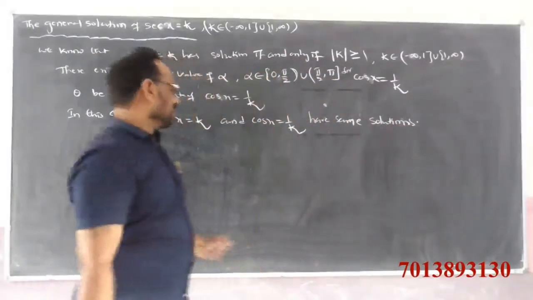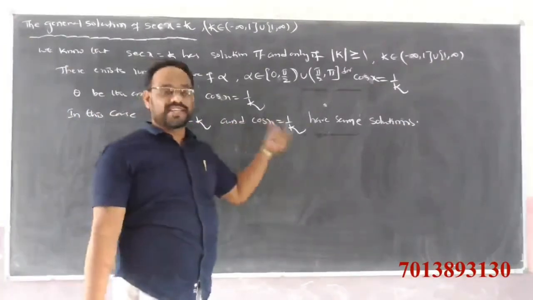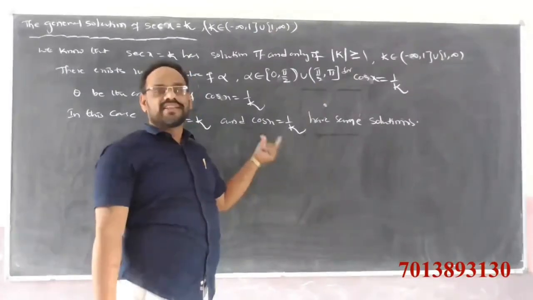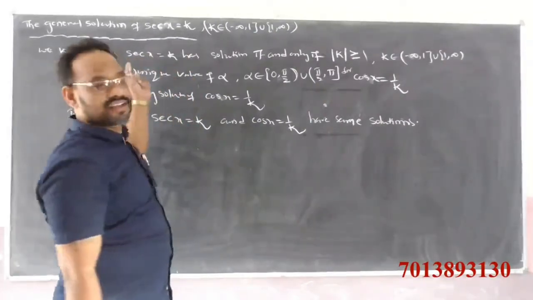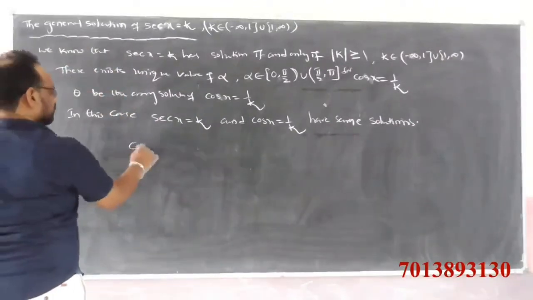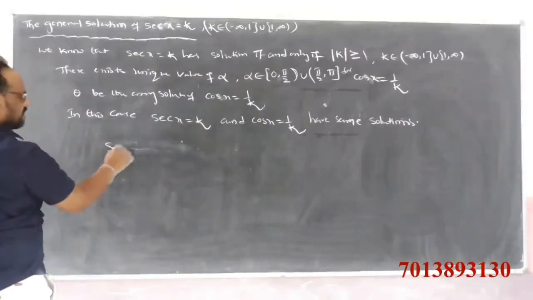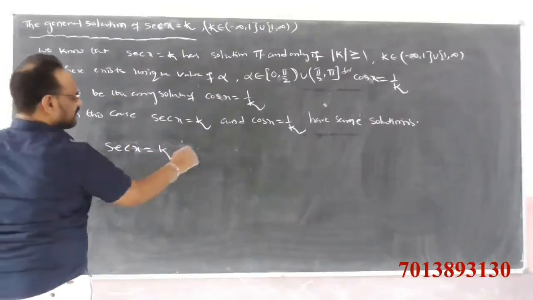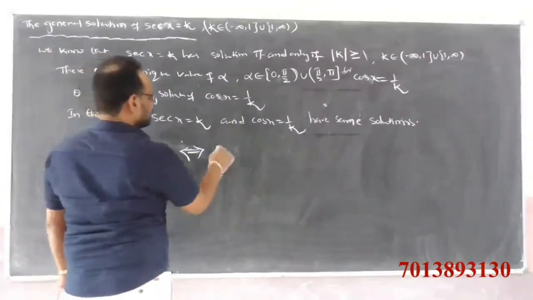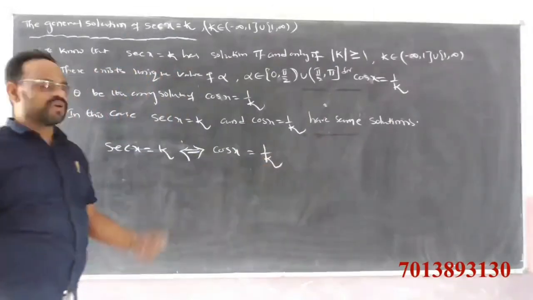If you find the general solution of cos x equals 1 by k, that is the same as the general solution of secant x equals k. Secant x equals k is the same as cos x equals 1 by k.